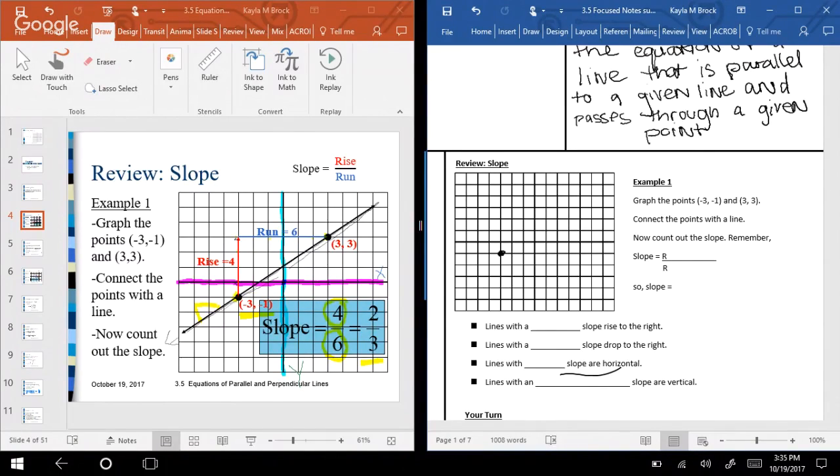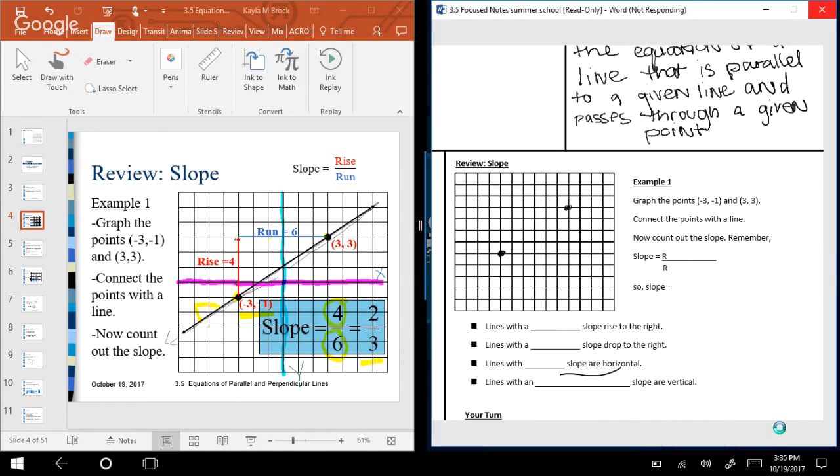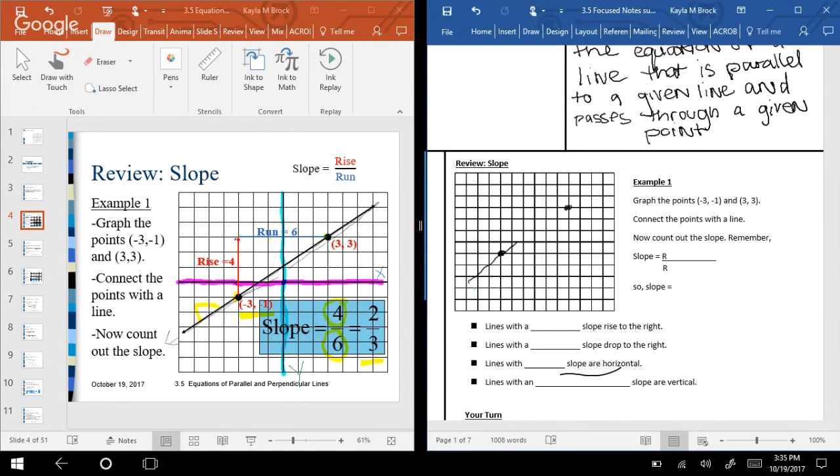And then I'm going to go back to the origin and go to the right 3, 1, 2, 3, 1, 2, 3. Okay, and then connect the points with a line.